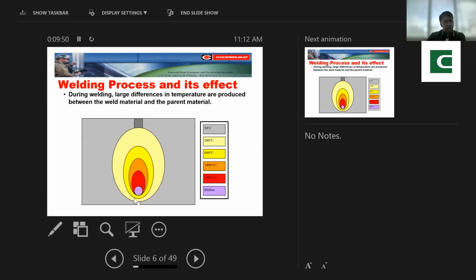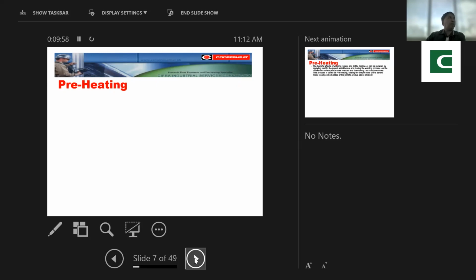So these are our weldment, and we are encountering different temperatures. So therefore, in metallurgy, you are creating different grain sizes of your material.